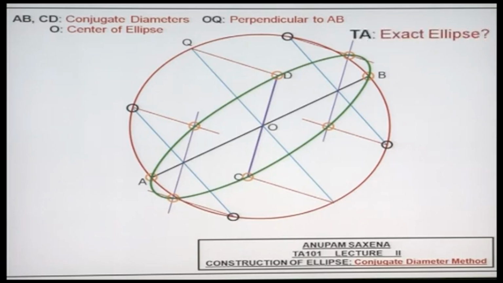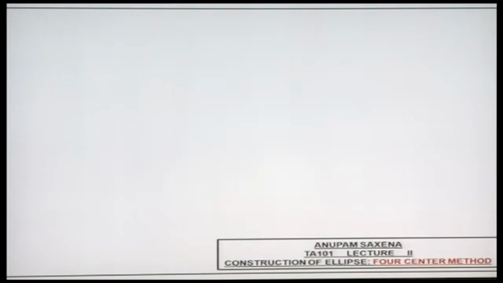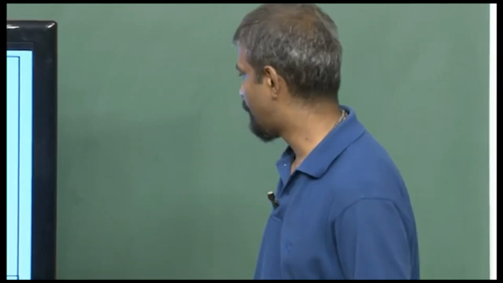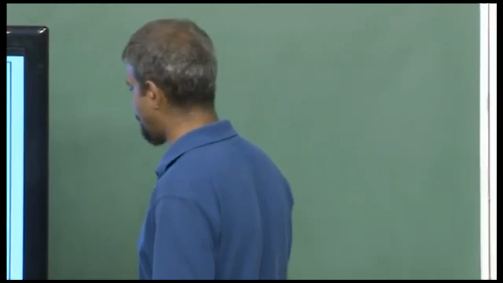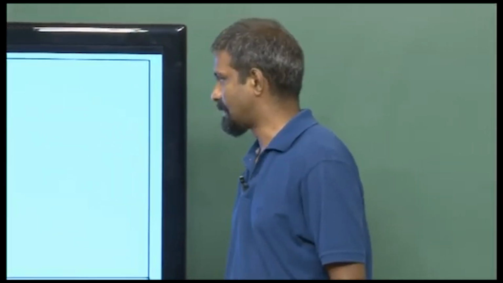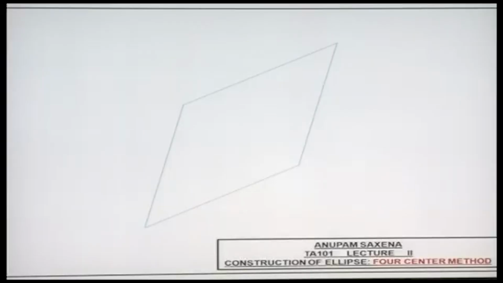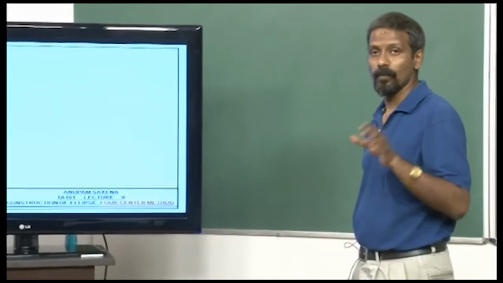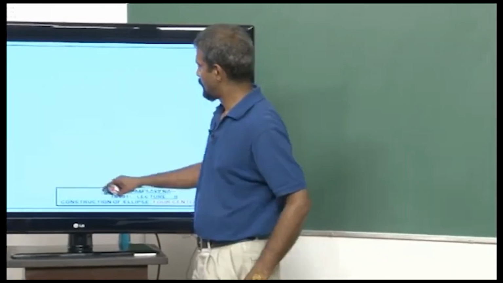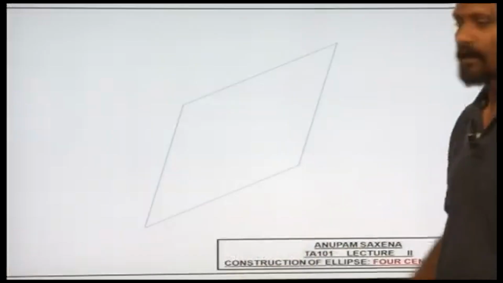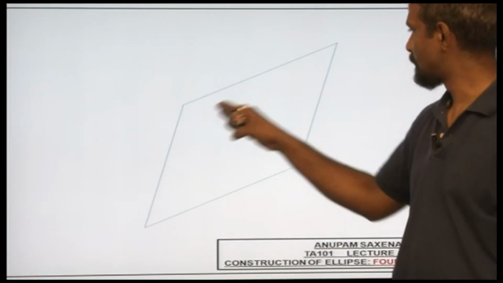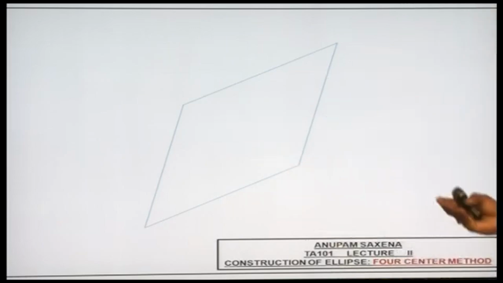Is this an exact ellipse? Go figure. All right, one of the final methods of constructing an ellipse, the 4 center method. So, given a rhombus, these 4 lengths are the same, just that the angles are not 90 degrees, otherwise it would have been a square.